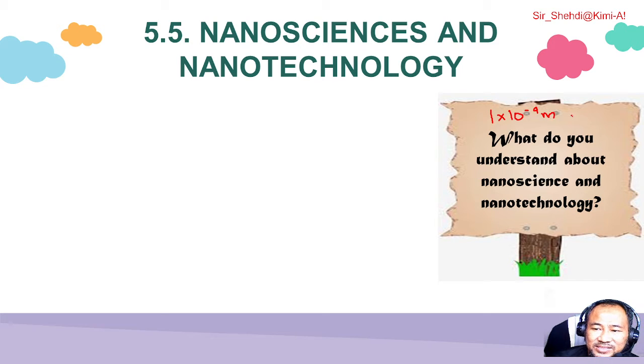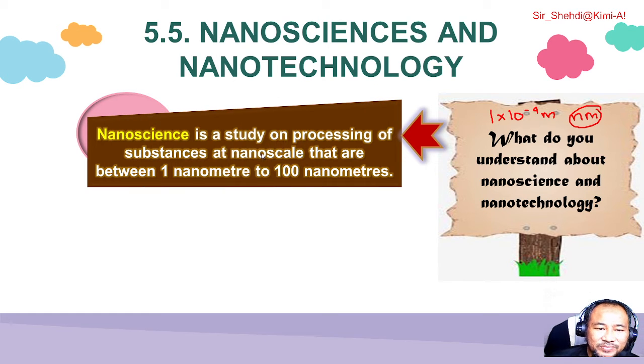So the unit is nm, nanometer. So this is the definition: study on processing of substance at nanoscale that are between 1 nanometer to 100 nanometer. Okay, 1 to 100 nanometer.